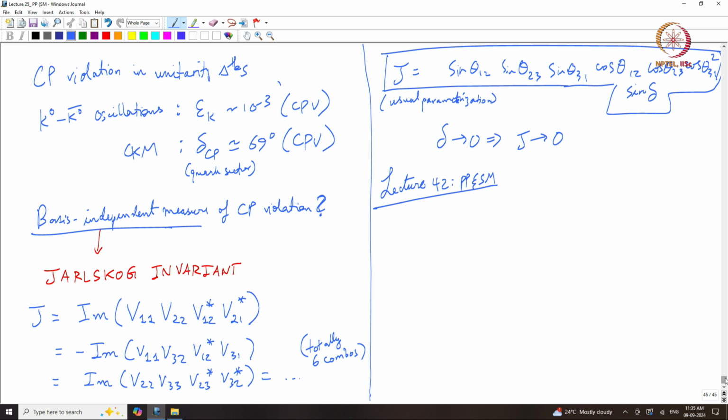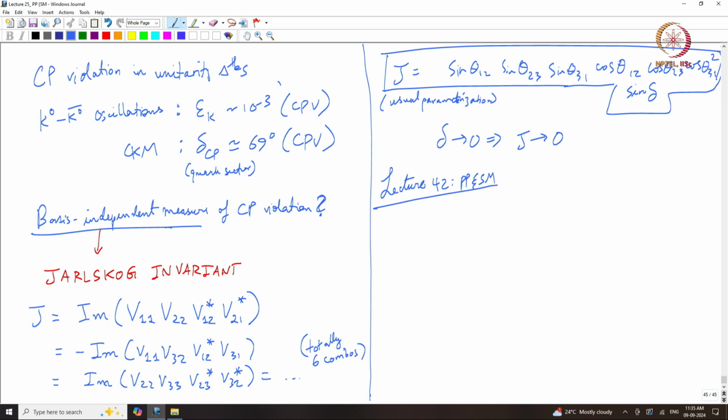Okay. So, we ended by writing down the Jarlskog invariant, which is indeed that basis independent measure, right, in terms of the combinations of these CKM matrices. And in this lecture I promised to prove to you that this is indeed an invariant and there is a geometrical interpretation for it, right.